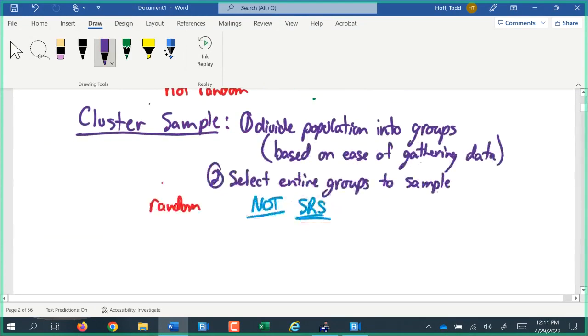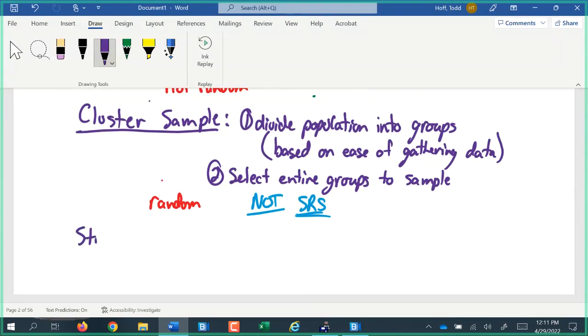Well, our second type of sample, called a stratified sample, also divides the population into groups.